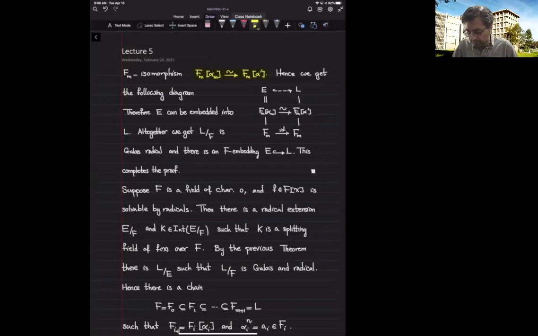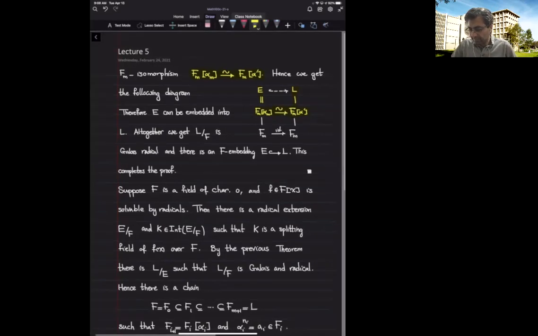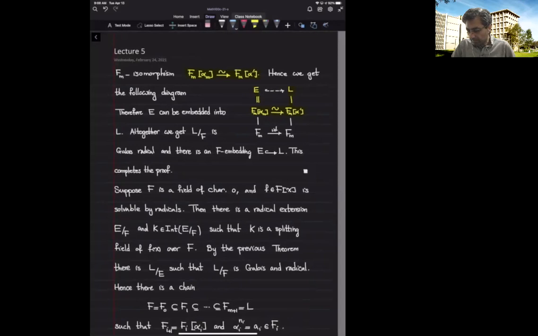But remember, this field itself is indeed E. And this field is a subfield of L because alpha prime is inside L, and f sub m is inside K, and K is a subfield of L. So these two fields are isomorphic, and all of a sudden I can go from here to here and embed it into L. So I'm getting an embedding of E inside L. And remember, this embedding is f sub m linear, and f sub m contains f.